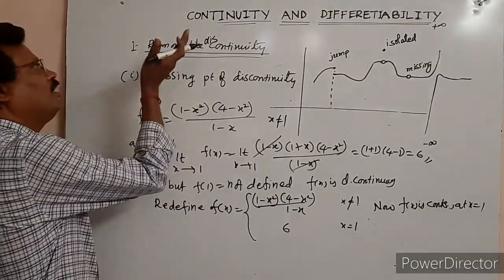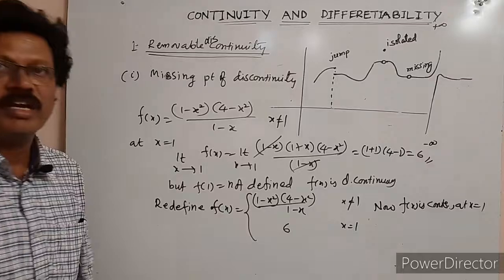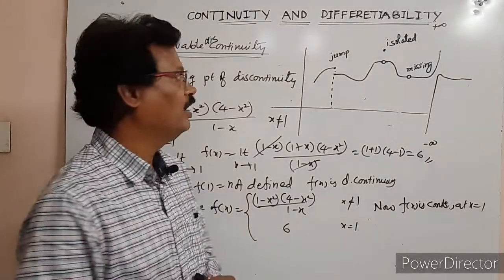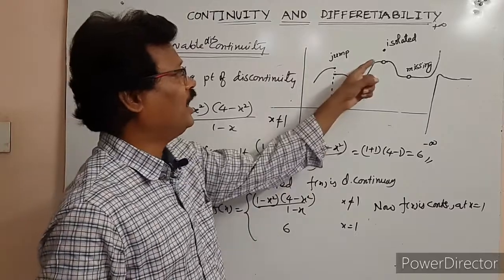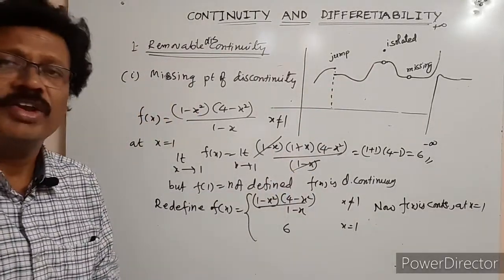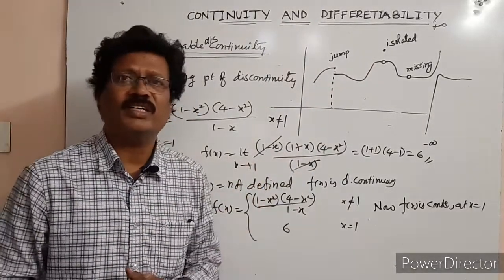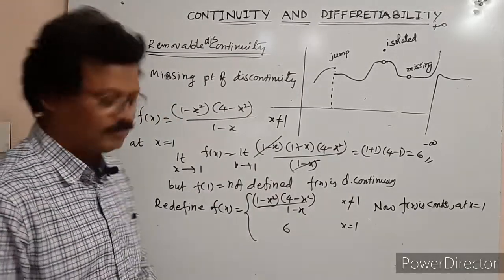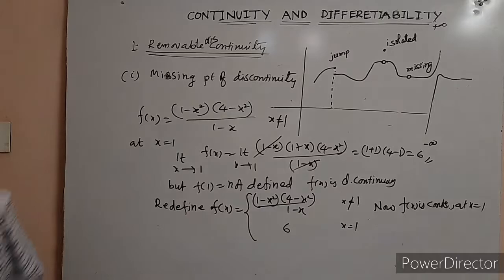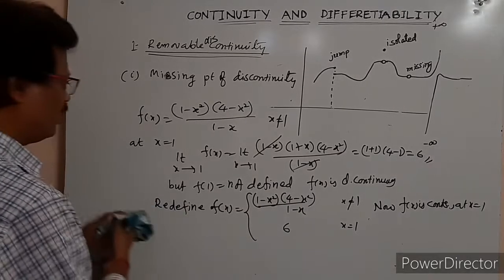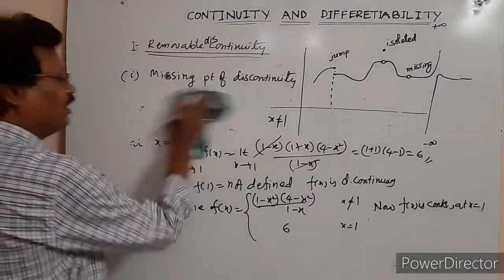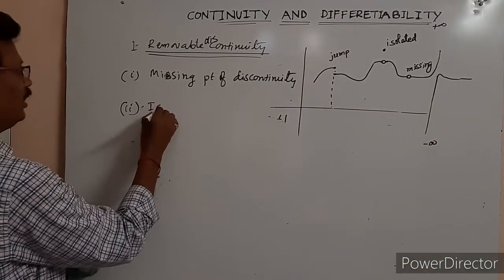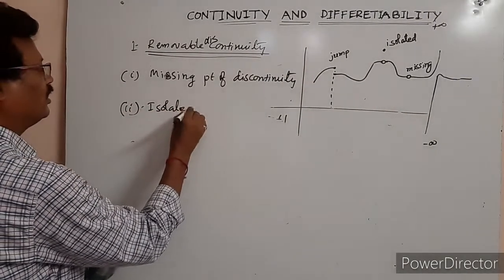In the same way, in the isolated point of discontinuity also, we can remove the discontinuity by redefining the function. Now next, let us see the second one. The second one is the isolated point of discontinuity.